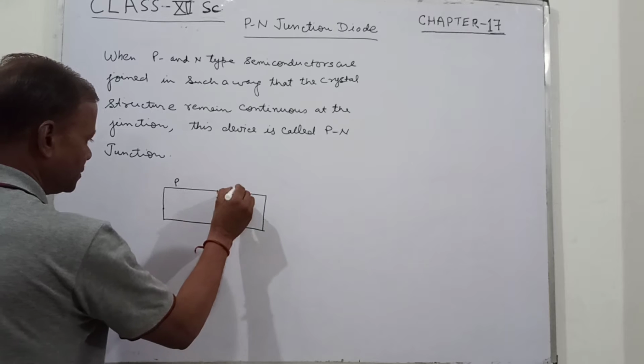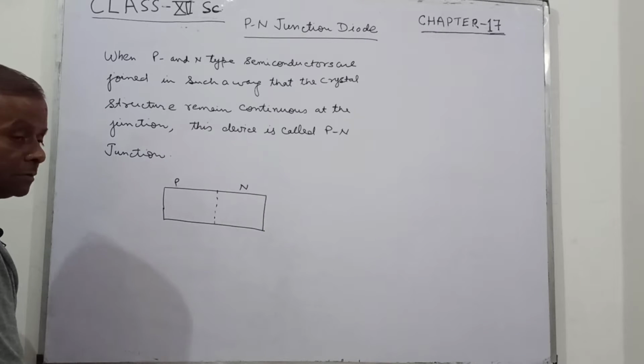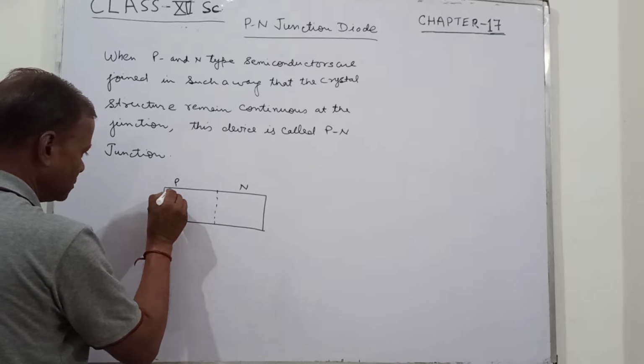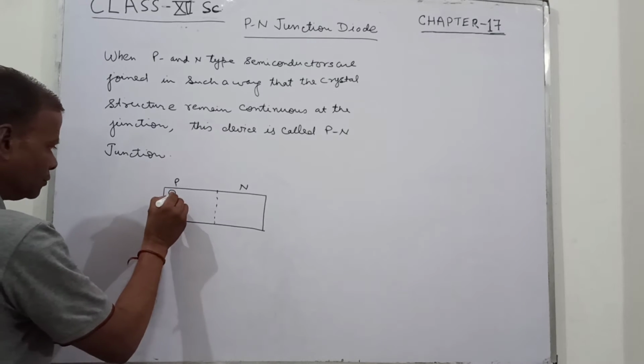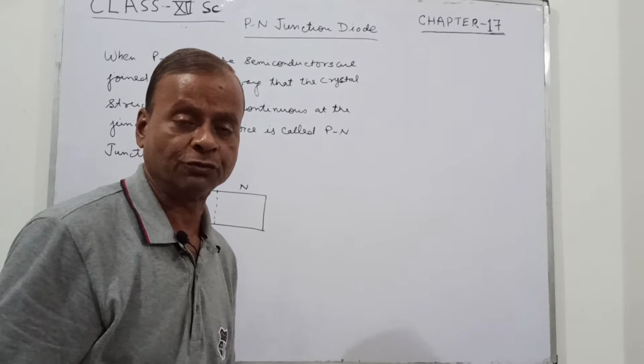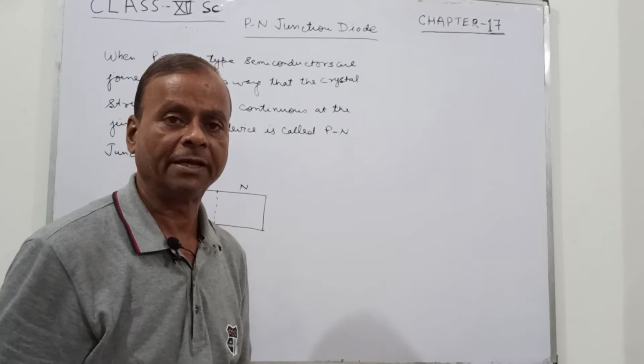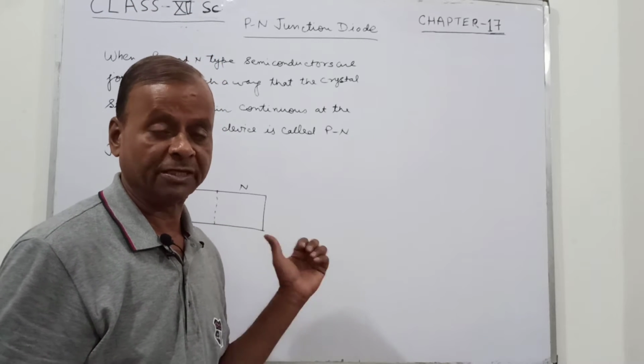This is the P part, this is the N part. In P we have the holes, and we know that there are certain impurities, so they gain an electron from the adjacent atom and become negatively charged.